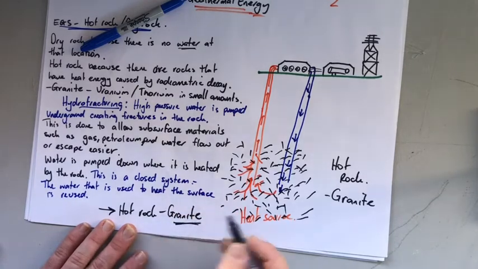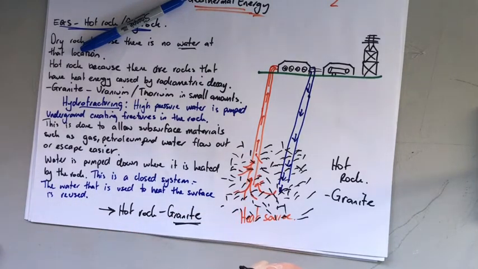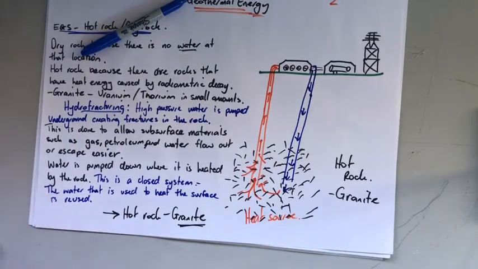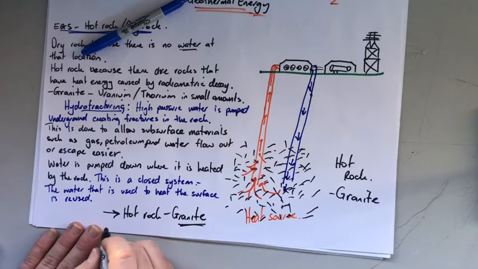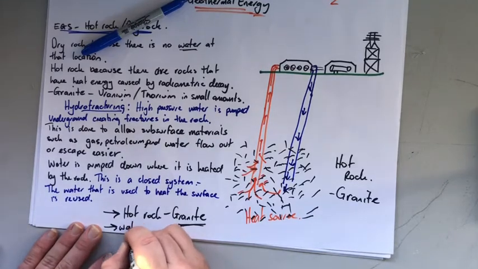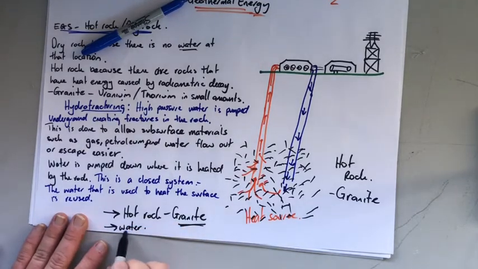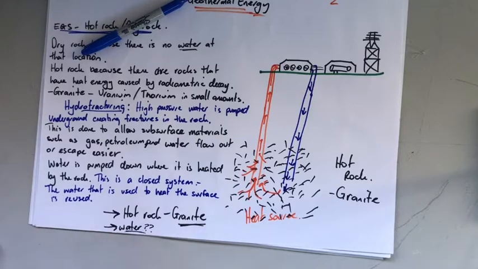But not just any granite, we need granite with a high temperature caused by isotopic decay. We also need water. And this is possibly our greatest problem here, because there is no local source of water. It would have to be brought in from elsewhere.